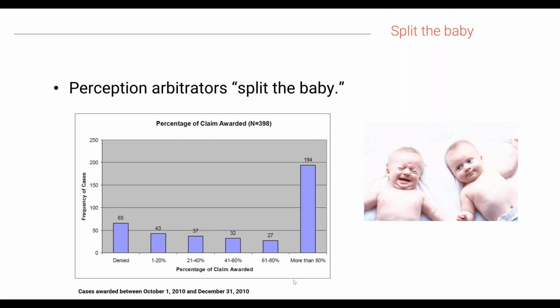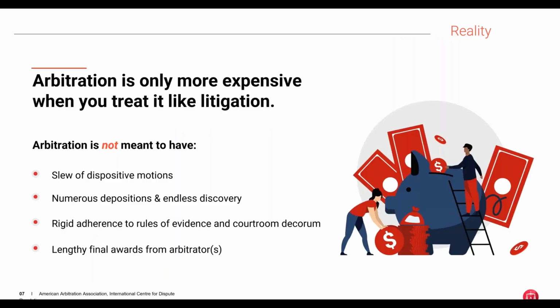As far as cost, Mike, if we can go to the next slide. The arbitration process, as I mentioned earlier, is the parties' process, and I agree that I've seen cases in arbitration that look like a litigation. There's interrogatories, there's motions, there's multiple depositions.